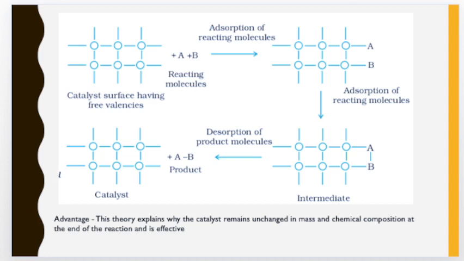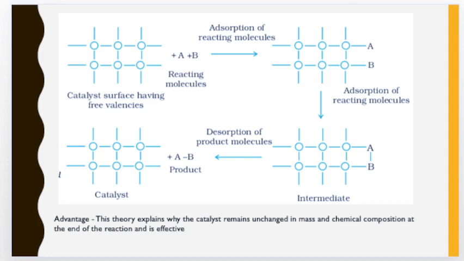The next step will be the adsorption of reactant molecules on the surface of catalyst and forming an intermediate structure where all the reactant molecules are bonded to the catalyst. And the last step is desorption of the product molecules, means after the product has formed in the intermediate state, the reactant molecules will get converted into product and the catalyst will be eliminated as it is.